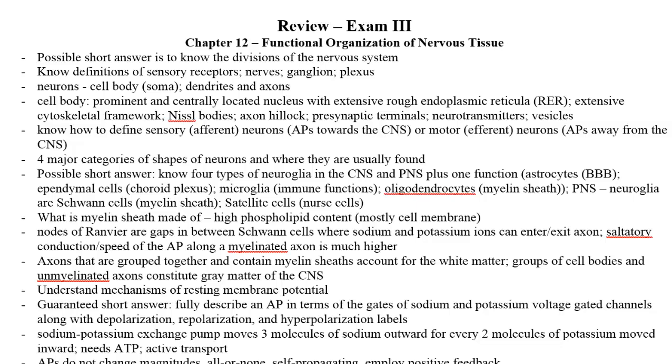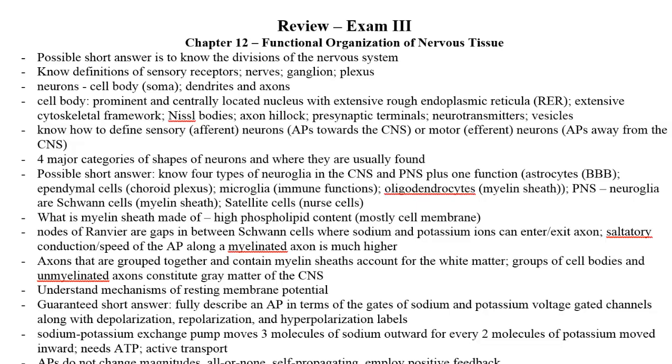Now, the 2 in the peripheral nervous system: the most typical neuroglial cell in the peripheral nervous system is the satellite cell, and it is simply a maid cell. It cleans up the environment, or perhaps you can think of it as a nurse cell where it keeps the environment clean and takes care of all the neurons that are present in its vicinity. The second type are similar to oligodendrocytes, but in the peripheral nervous system we call them Schwann cells.